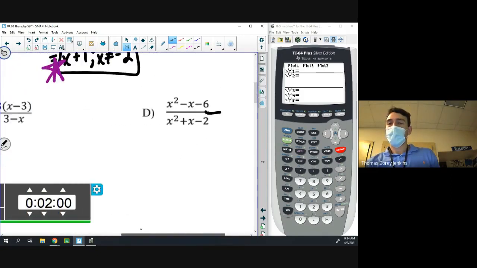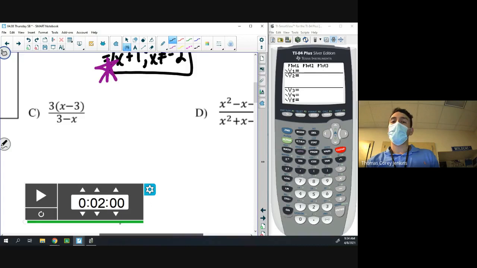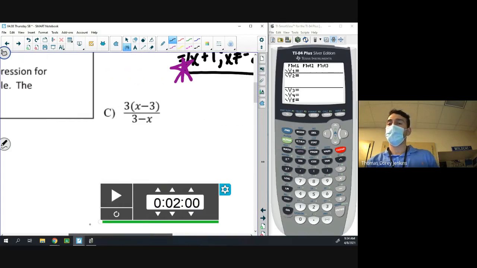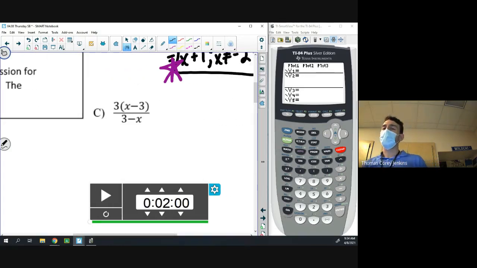Any questions so far? All right, let's keep rolling then. So I am going to skip one. Well, actually, let's look at C. C is a little bit confusing because it doesn't originally look like there was a common factor. But remember a rule, if we're going to look at a linear expression, like the denominator, 3 minus x, that's not really in simplest form. Simplest form is when your lead coefficient is positive, right?